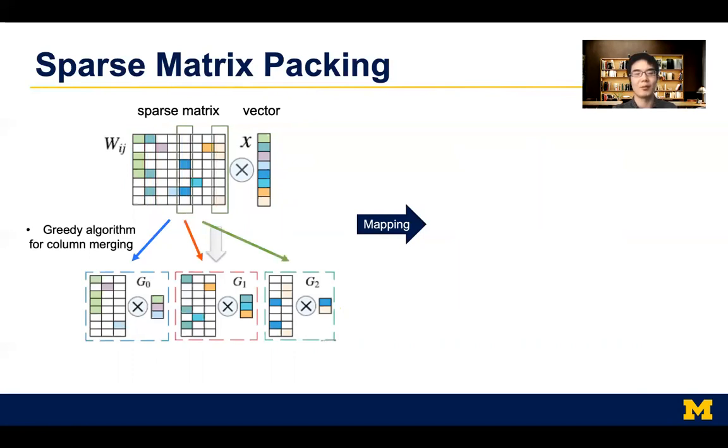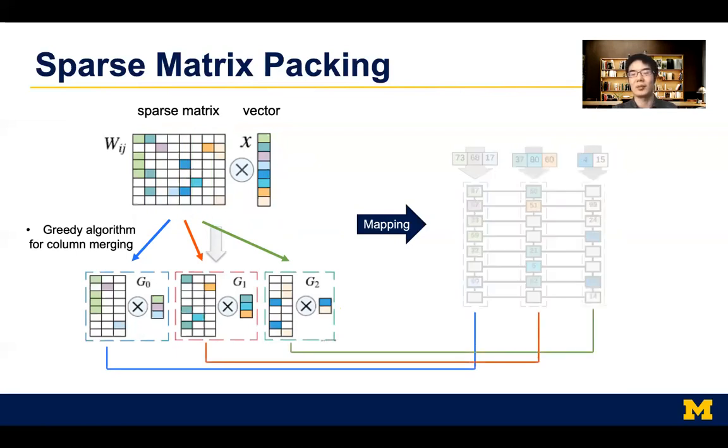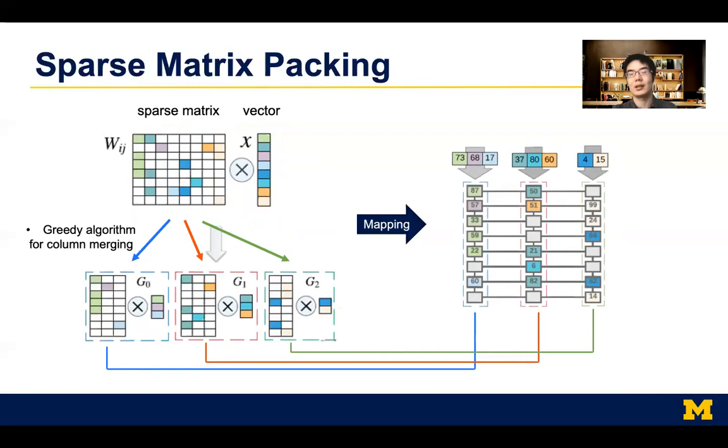This condensed format will be merged into groups, and each of them will be mapped onto the systolic array and occupy an entire column of the PEs. The modification is that you need to send multiple input vectors to the same column instead of 1-to-1 as in the conventional systolic array.